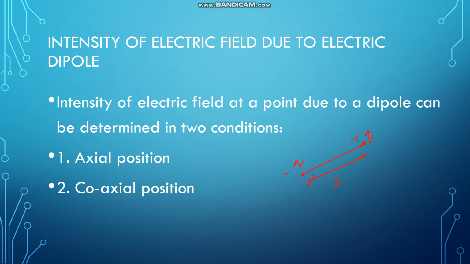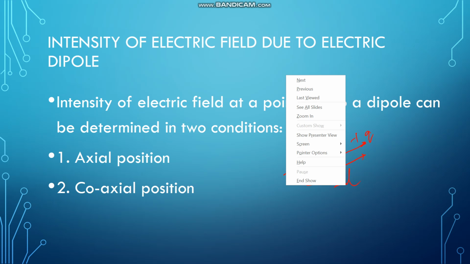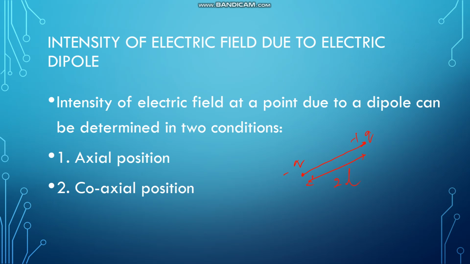The distance is generally taken as 2L. So when the electric fields due to these charges at different points are added, they cannot cancel each other. So the intensity of electric field at a point due to a dipole can be determined in two conditions.